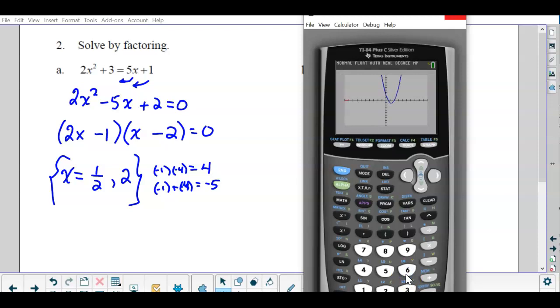I also graphed y equals 0, so I'm looking for those x-intercepts, or the intersection of these two graphs. So second trace, intercept, enter, enter, enter, is 0.5, which is 1/2. Then you can do the same, moving closer to the other one, and you get 2. So you can verify using your calculator.